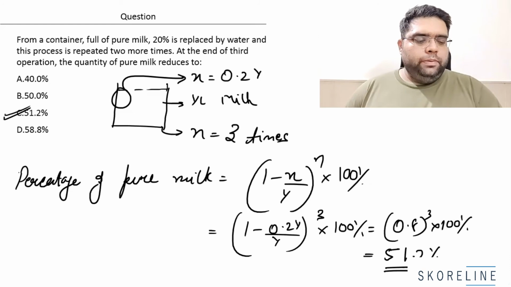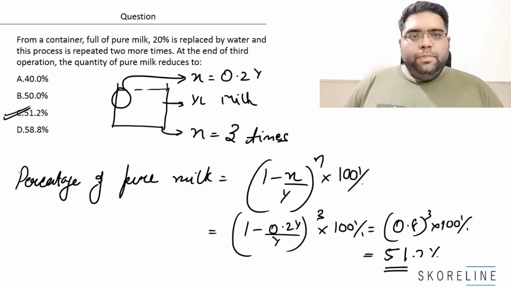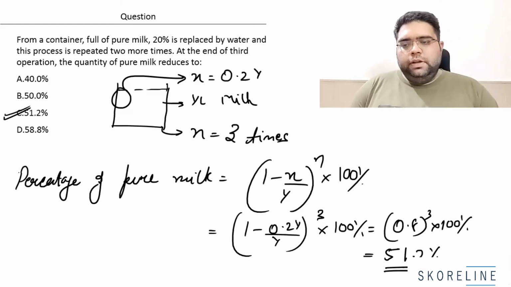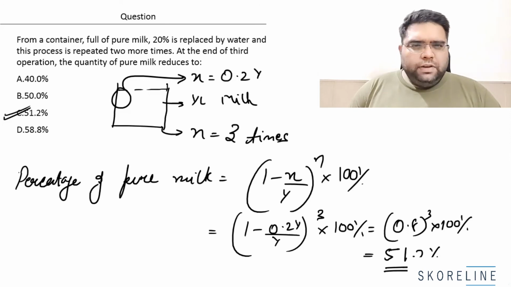Right? These are 2 types of questions that are very important as far as the topic of mixtures and alligation is concerned. You need to understand these 2 questions very carefully, as these are very frequently repeated in both CAT and GMAT. And that's why you need to understand these shortcuts as well, because shortcuts would help you efficiently solve these questions with high accuracy and high speed.